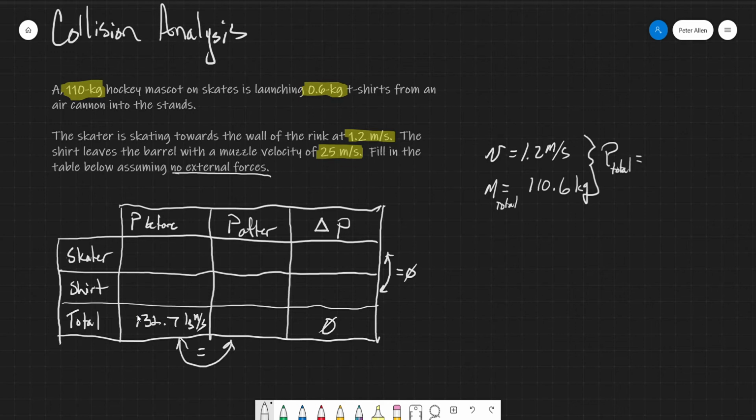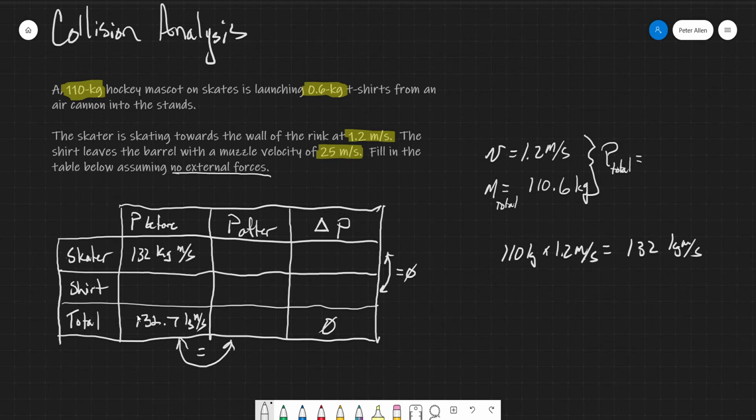But to find the individual ones, we have to multiply the individual masses by our initial velocity. So we need to break these two up. We're also going to have to do 110 kilograms times 1.2 meters per second, and that's going to give us 132 kilogram meters per second.